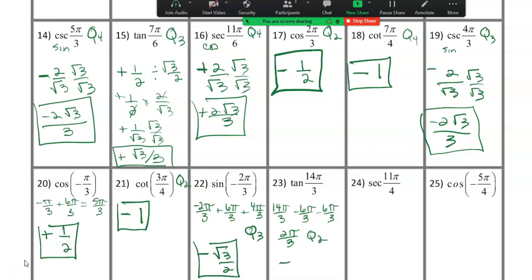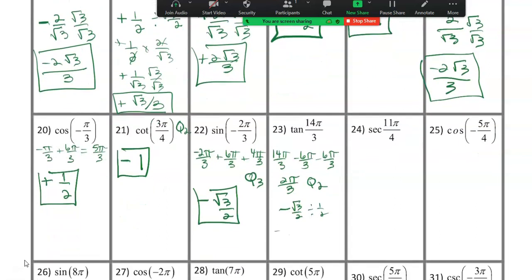Now go up to your reference number, which is pi over 3, and I want negative root 3 over 2 divided by 1/2, which is negative root 3 over 2 times 2 over 1, which ends up being negative root 3, and we are good.